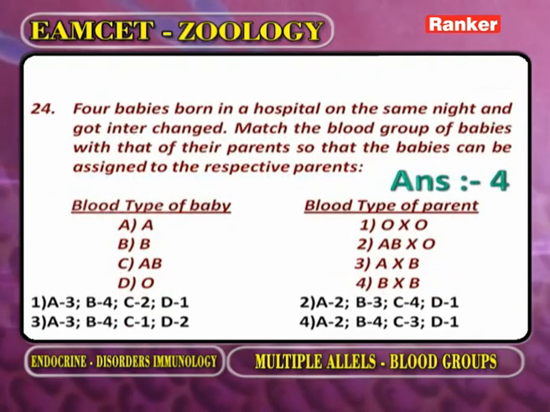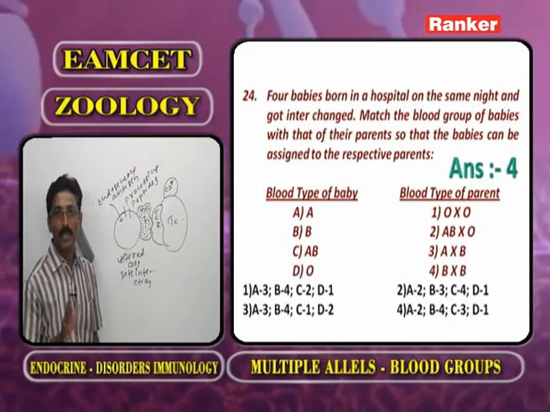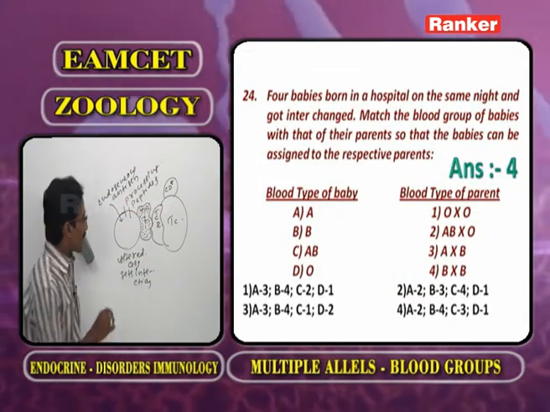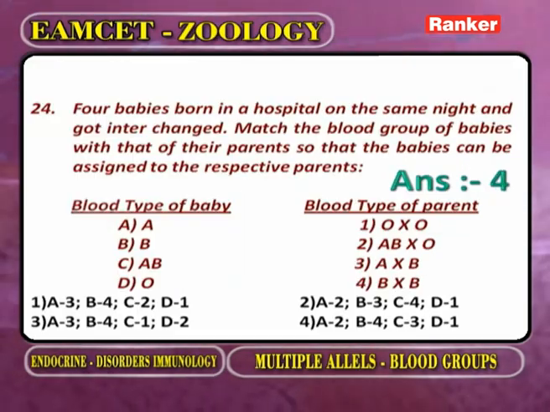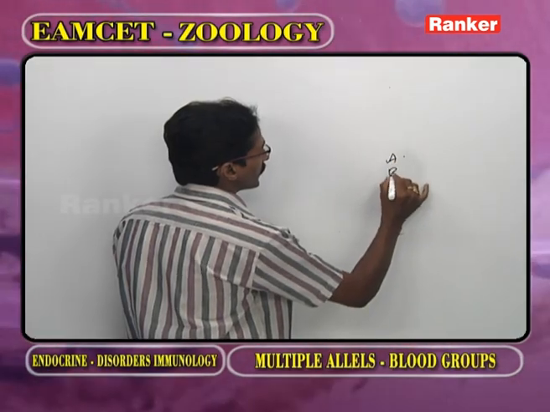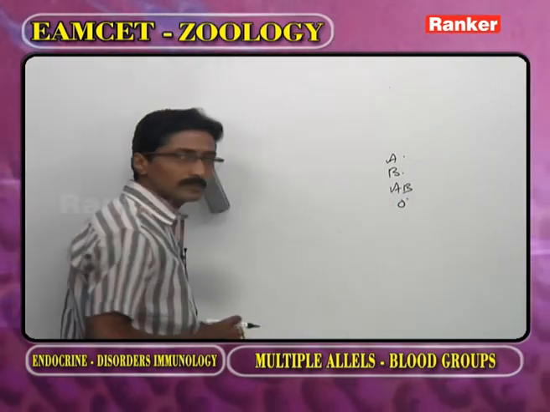From this onwards we have to discuss the multiple alleles that we call blood groups. Now as we observe the blood groups, phenotypically how many blood groups are present? 4. A blood group, B, AB and O blood group.